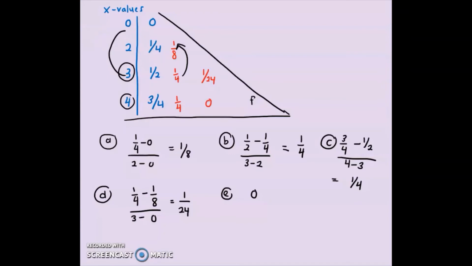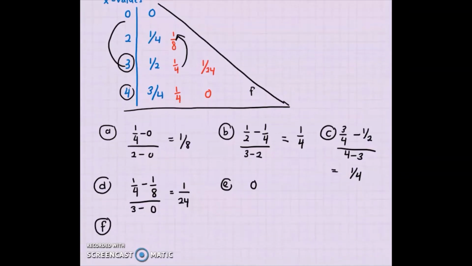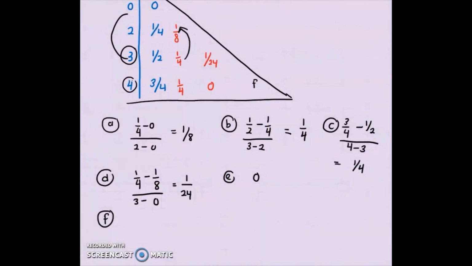Okay, lastly to find F. So F here, the entries in F can be found by 0 minus 1 over 24, divide by, okay, this minus this, divide by, now we got to skip 2 terms here. So every column on the diagonal, you got to skip 1 term at a time, okay?